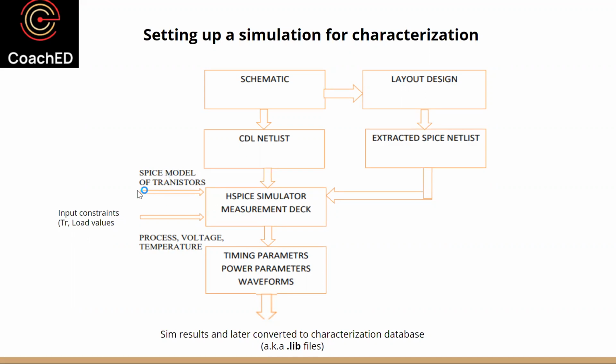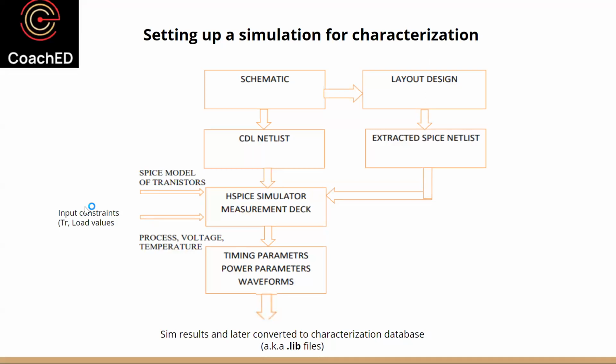Along with it, I need to pass something called a SPICE model. The SPICE model is basically the model of the transistors, and if the wire is not already extracted, the model of the wires. If the wire is extracted already, then you need to pass the extracted wire RC, which is coming from here. So you need to pass the transistor models.